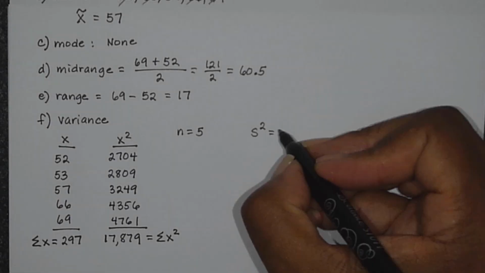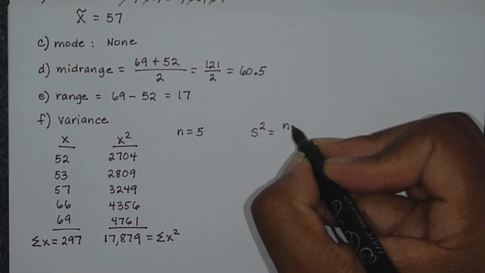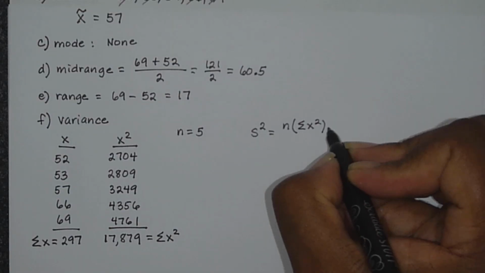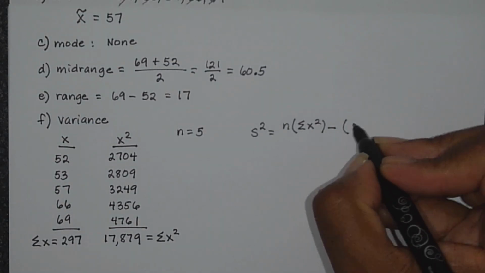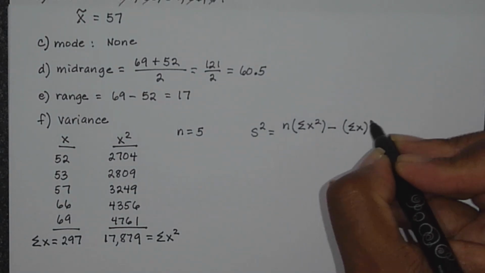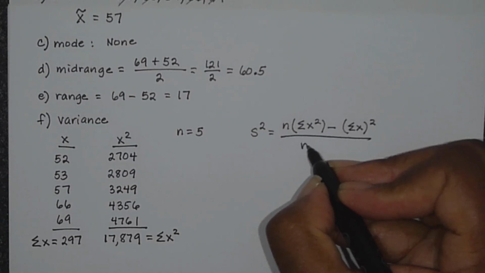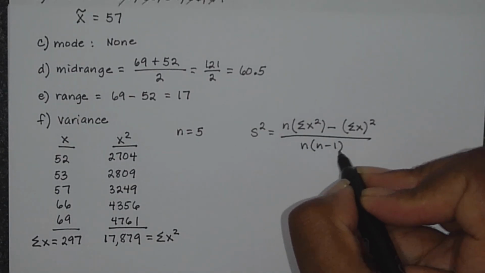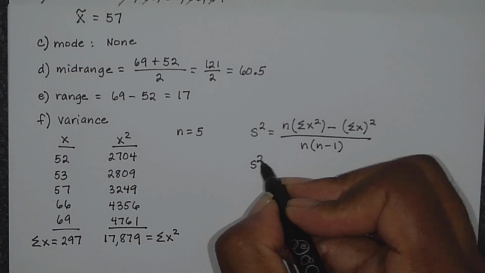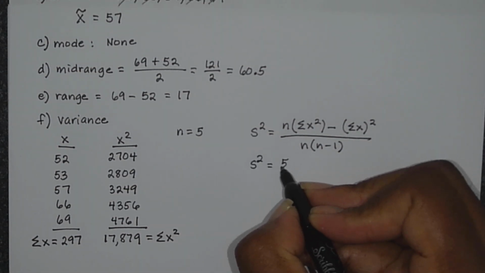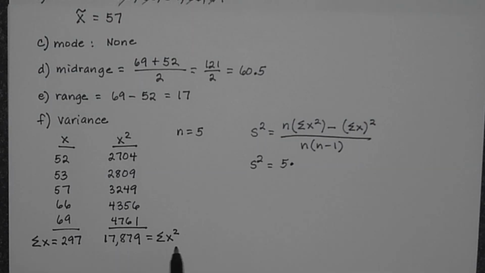That's s squared is equal to n, which is the number of data values, times the sum of the x squares, minus the sum of the x's, that would be squared, divided by n times n minus 1. So our n in this case is going to be 5. So it'll be 5 times the sum of the x squares.